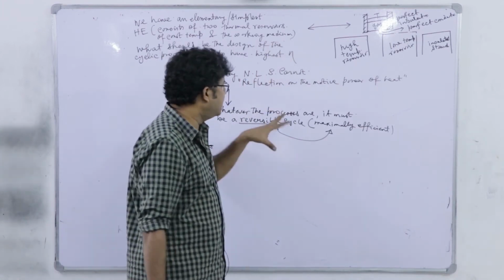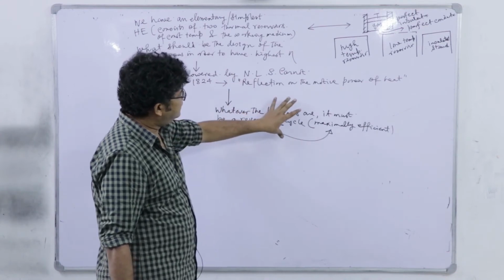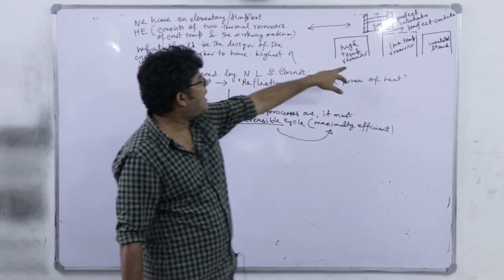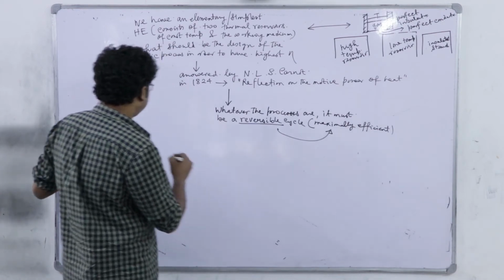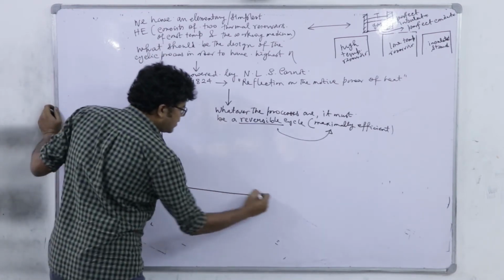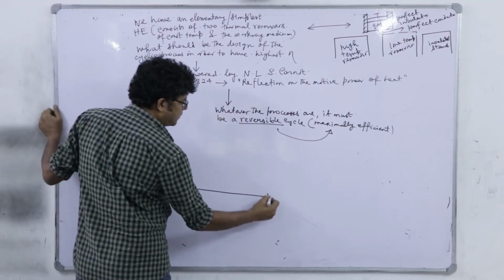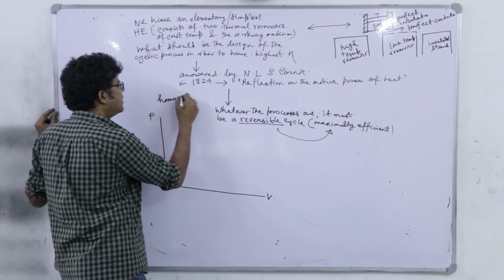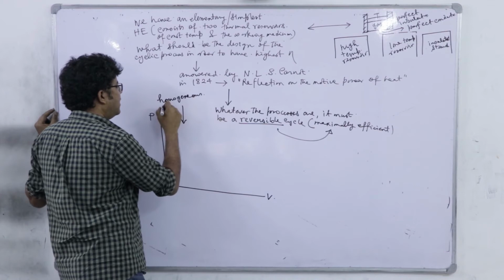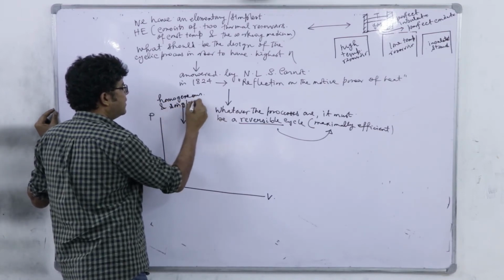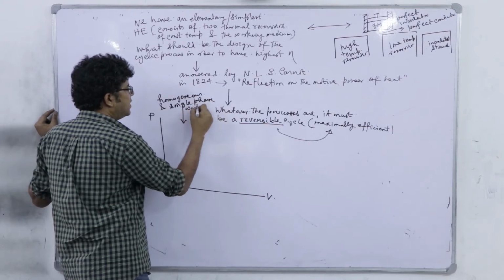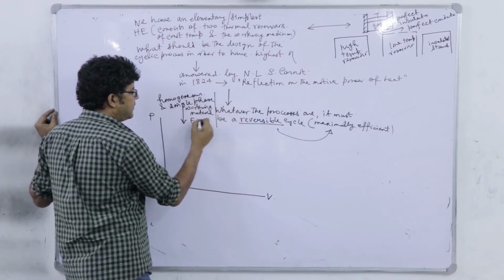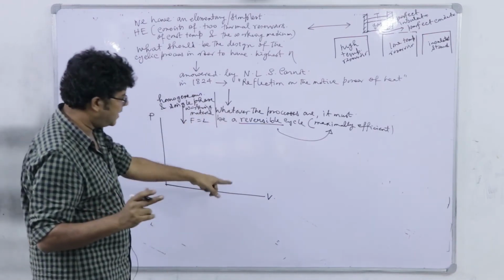Okay. So, the answer is inbuilt in this statement of reversibility and this construction. We will try to understand it. See, in PV space, why have we chosen PV space? Because we have a homogeneous and single phase working material, so the degrees of freedom is 2 and the dimensionality of the phase space is 2.